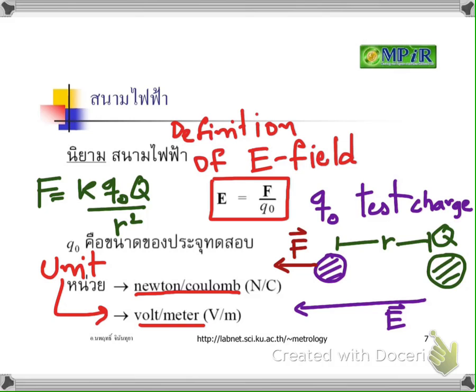And in many cases, this unit of electric field is much more useful because you will see that it is more useful to explain the electric phenomena in terms of the potential difference, the volt here. So the second unit is quite useful, the volt per meter. Okay, and that is the definition of the electric field.